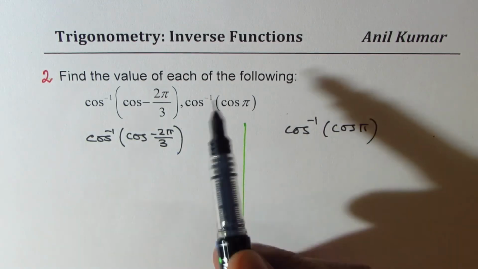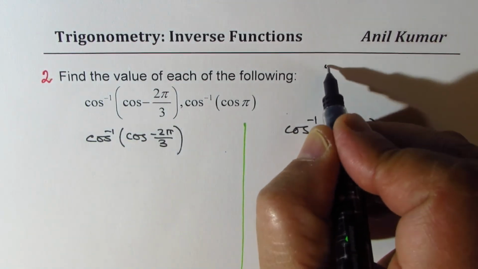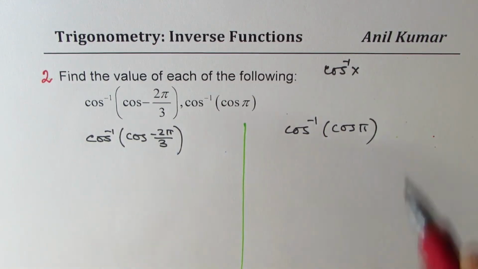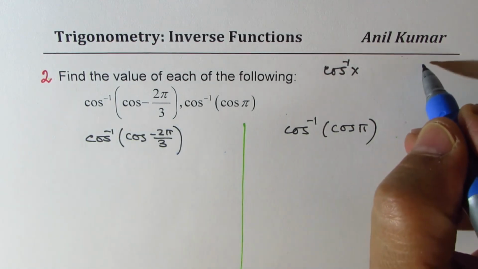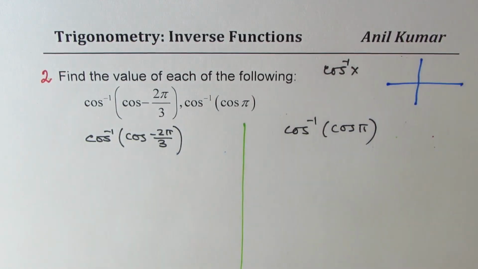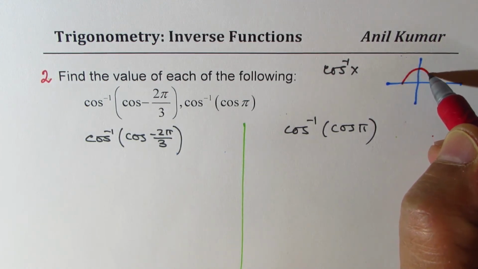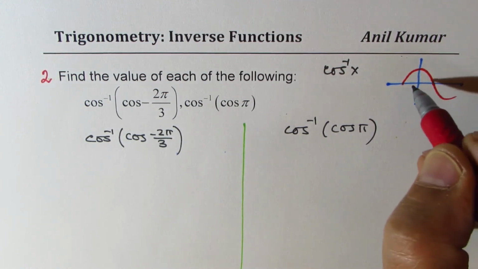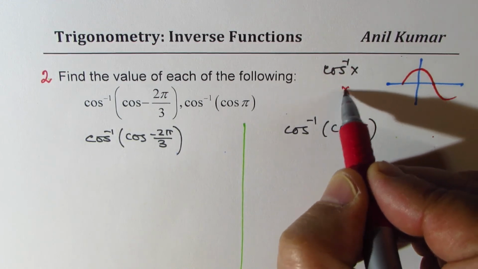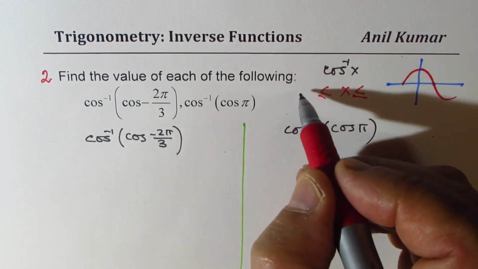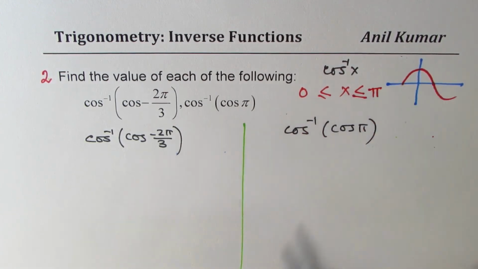Now remember, cos inverse of x is actually only valid in which domain? So when we talk about the cosine function, we are talking about the function in this domain, right? So we have restricted the value of x within 0 to pi, correct? 0 to pi.